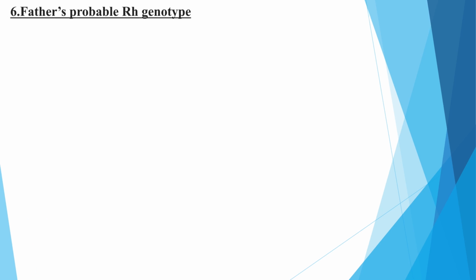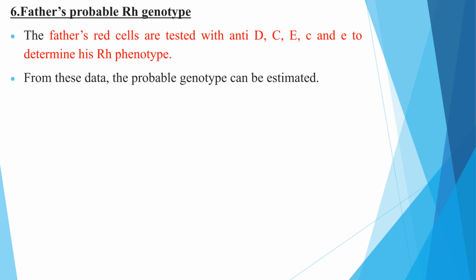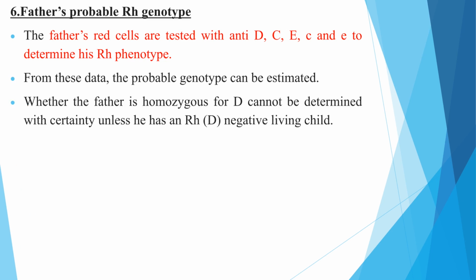6. Father's probable Rh genotype. The father's red cells are tested with anti-D, C, c, E and e to determine his Rh phenotype. From these data, the probable genotype can be estimated. Whether the father is homozygous for D cannot be determined with certainty unless he has an RhD-negative living child.